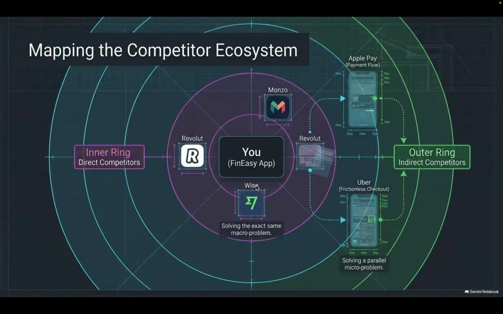So you can see here, we have the inner ring, which is the people within your ecosystem. Then we have the outer ring. They are not direct competitors, but they do things similar to you.